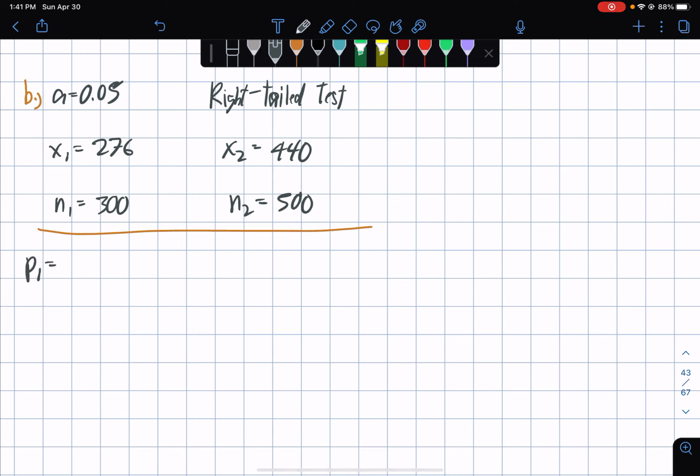So P1 is equal to 276 over 300. That's 0.92. For P2, it's 440 over 500. That is 0.88. For PC, we have 276 plus 440 over 300 plus 500. That is 0.895.